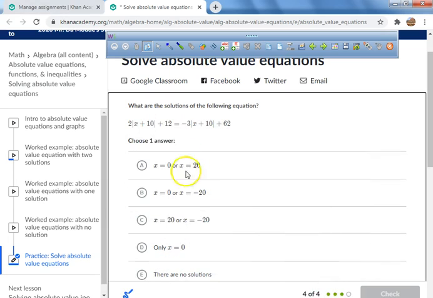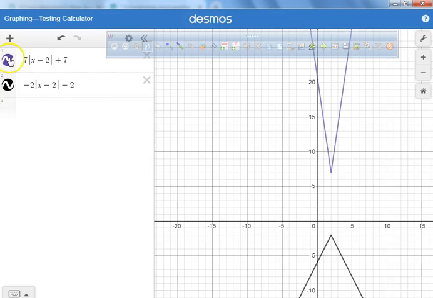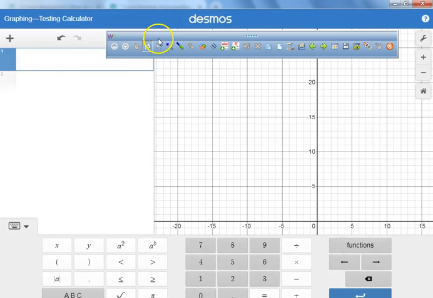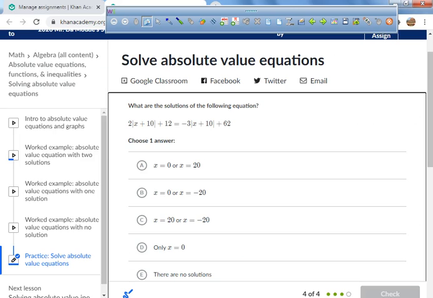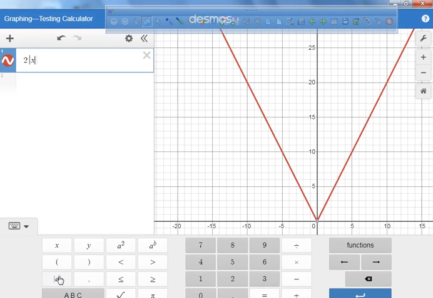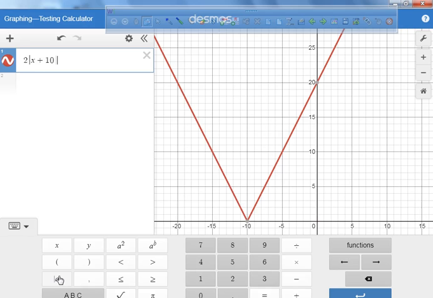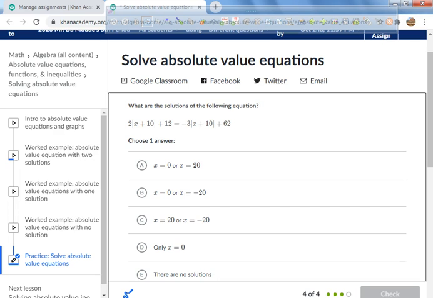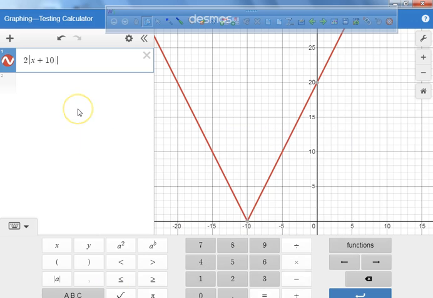But check this out. We're going to take this equation, and this side of the equation, and put it in Desmos so you can see the concept. All right, so here we go. Let's go and clear this out. Move this up. Take a look. It says 2 times the absolute value of x plus 10, and then it was plus 12.